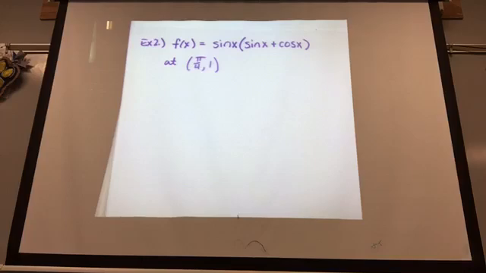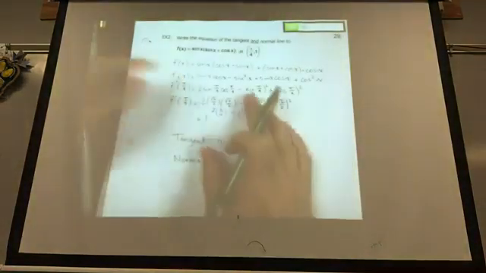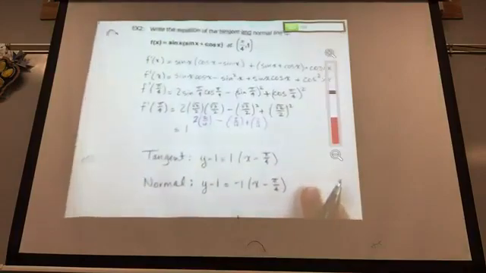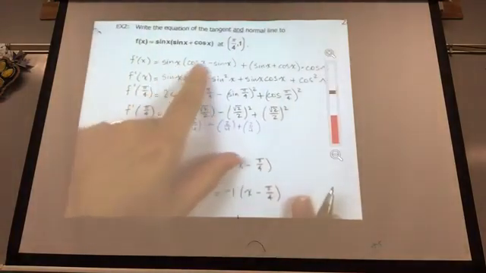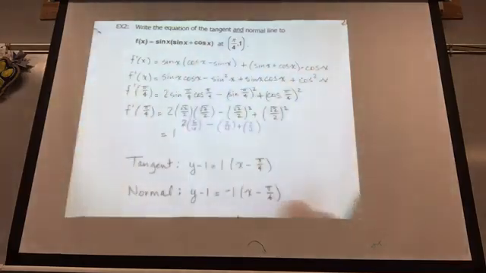Good. Okay, so we found the derivative using the product rule. So first times derivative of the second plus second times derivative of the first.